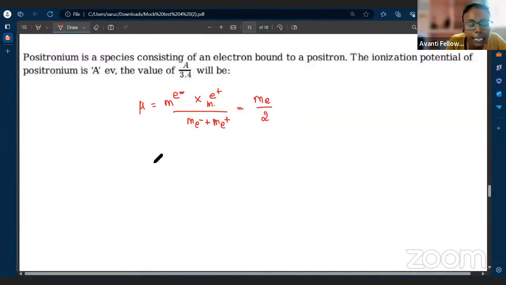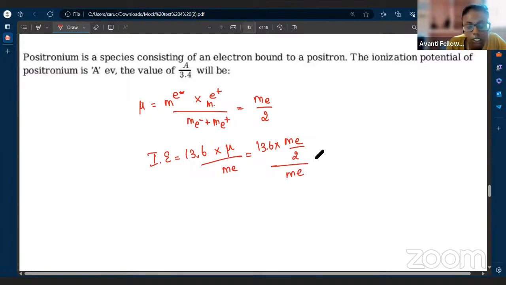Now the ionization potential is 13.6 into mu by Me. So 13.6 into Me by 2 by Me, which is going to be 6.8 electron volt. So your answer will be 6.8 by 3.4, which is equal to 2.